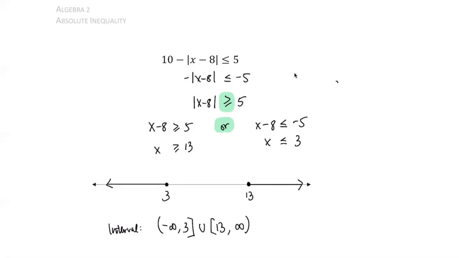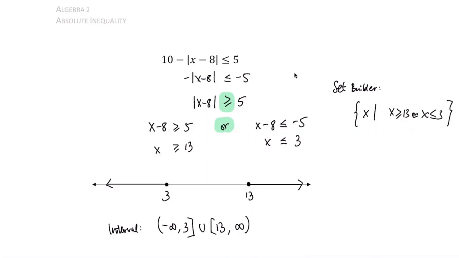And then for set builder notation, we will have open brace x such that x is greater than or equal to 13 or x is less than or equal to 3. So this is how we finish the problem here.